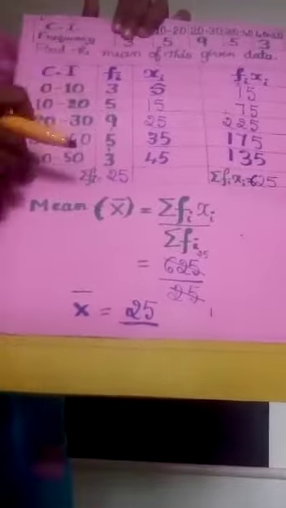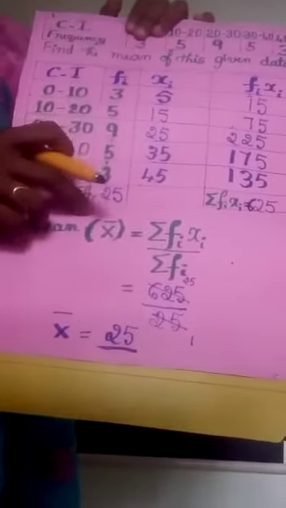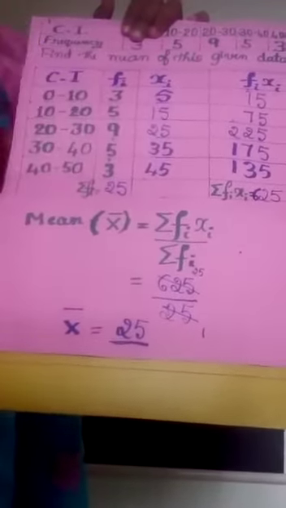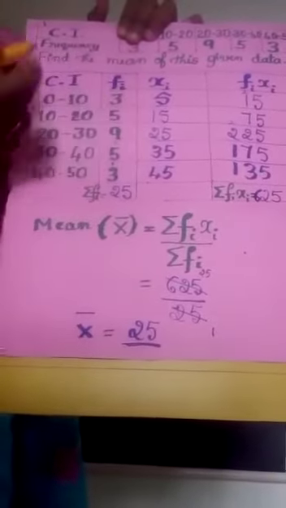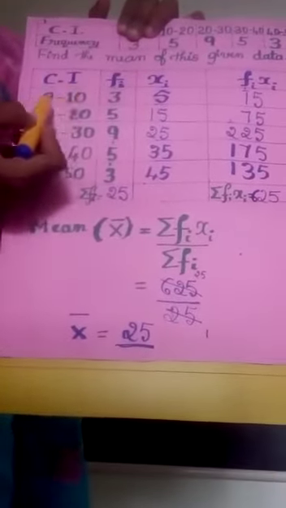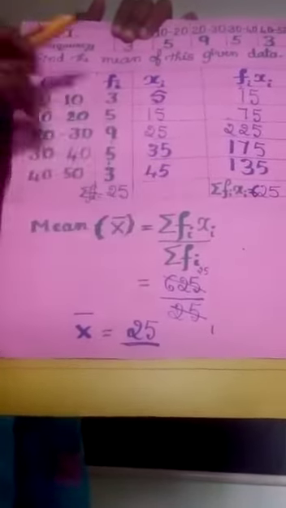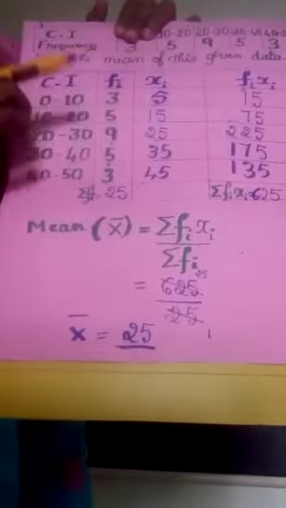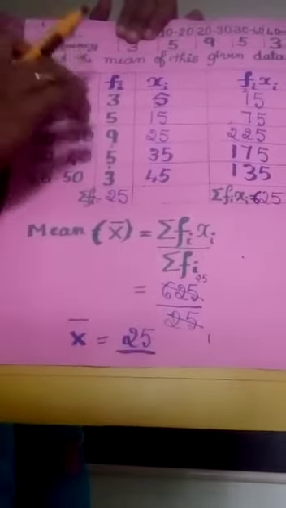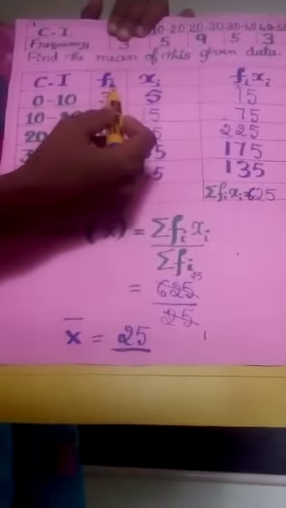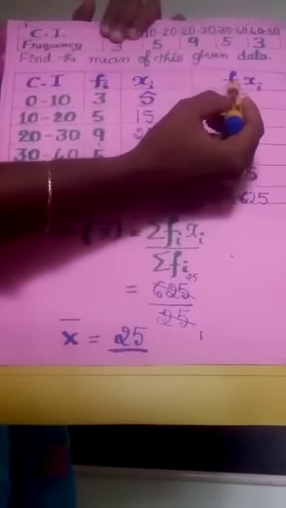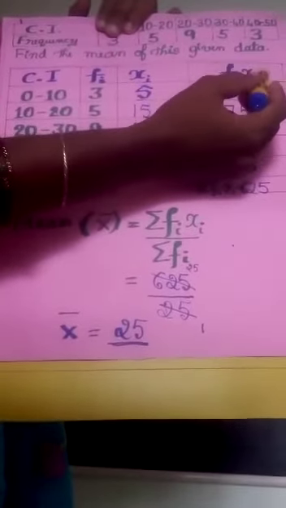See children, the class interval and frequencies that are given, you have to write as they are. To find the class mark, you add the upper limit and lower limit of the given data and divide by 2, so you get the midpoint of that class interval. Then find the product of frequency and class mark, that is fi xi.